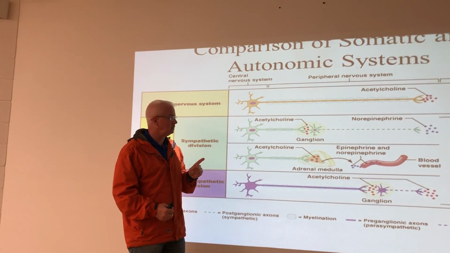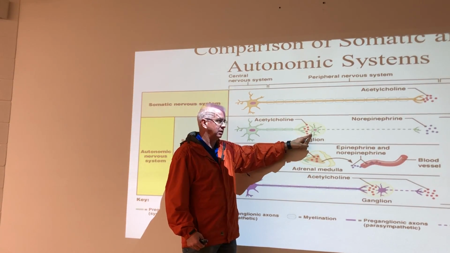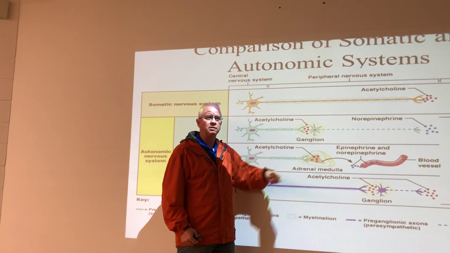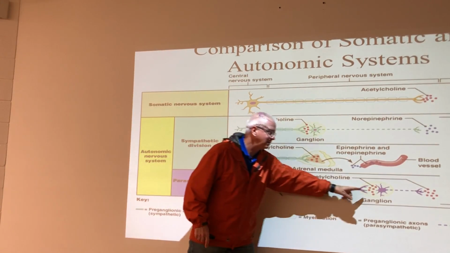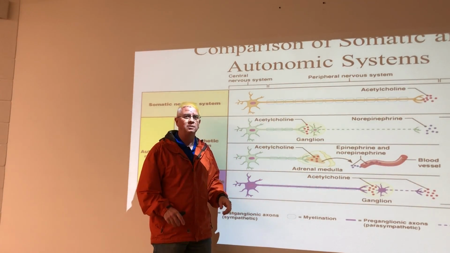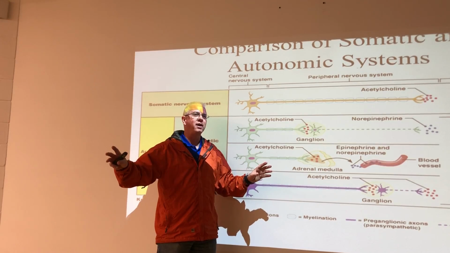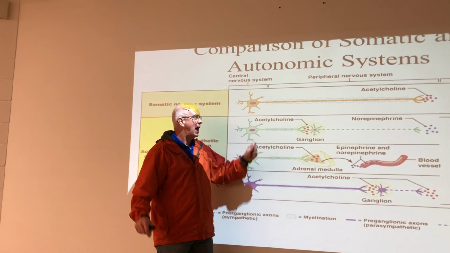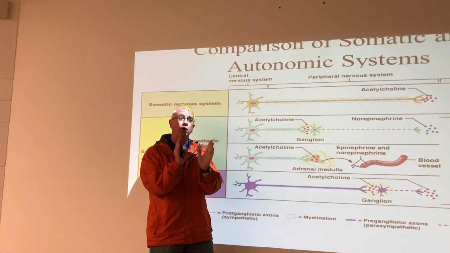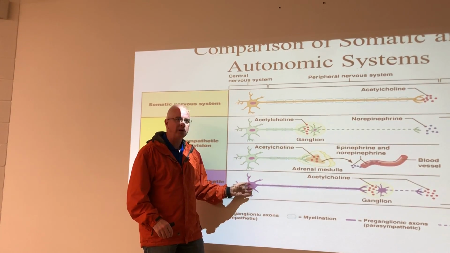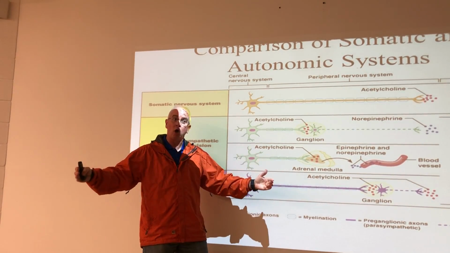What this means is the ganglion cells in the sympathetic nervous system are close to the spinal cord. And the ganglion cells in the parasympathetic nervous system are far away. The axons of the preganglionic sympathetics are short. The axons of the preganglionic parasympathetics are long.